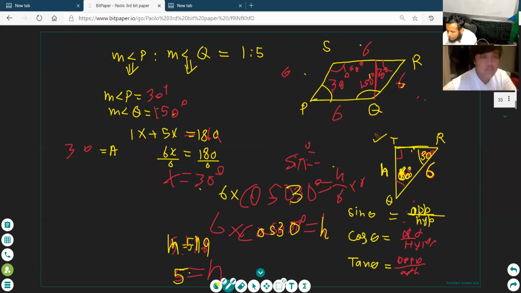Then we will use cos 60 degrees. Now the answer will be correct. 6 into cos 60. Then our answer is 3. Clear? So the answer is 18. Yes, this was our mistake.